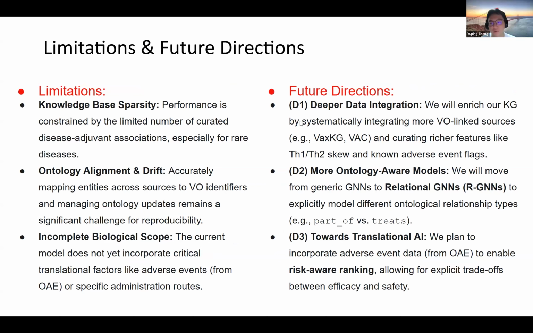This connects to our future directions, like deeper data integration and more ontology-aware models, which means we could use even better graph neural networks to learn that information. And lastly, we could also use better models to learn these things.